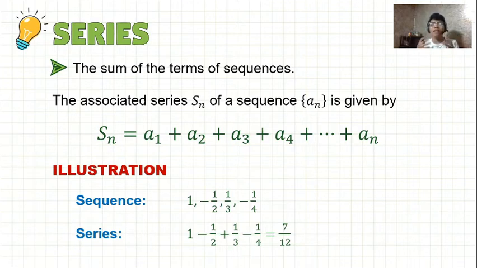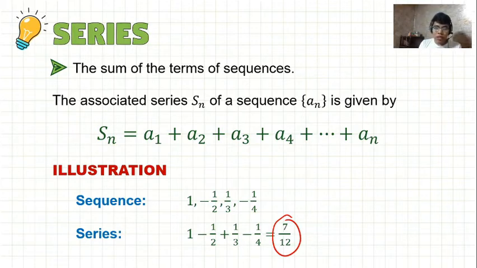Okay? If hindi naman siya masisimplify, then as is na siya. Yun yung final answer nyo. So for this one, our answer is 7 over 12. So that is your series, associated series for this sequence, 1, negative 1/2, 1/3, negative 1/4. Okay, so I hope that is clear.